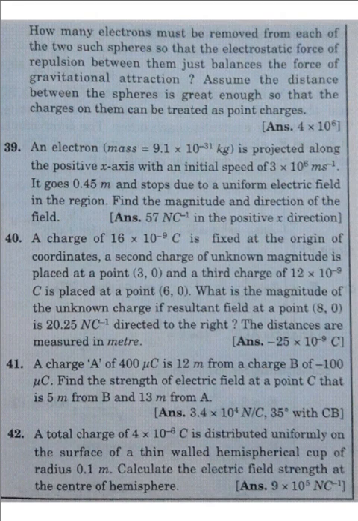Okay, so the next one, that is the penultimate one, that is the 41st question. You have a charge 400 microcoulomb at a distance of 12 meters from another charge of minus 100 microcoulomb. The strength of the electric field at the point C, that is 5 meters from B and 13 meters from A. Well, if you look at those dimensions, 12, 5 and 13, obviously they are forming a right angle triangle.